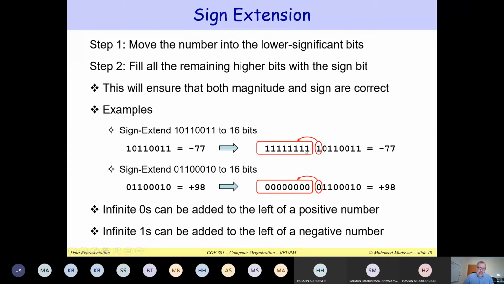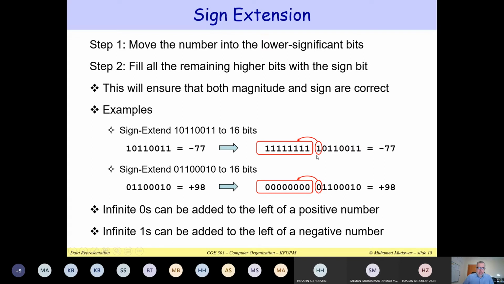If the sign bit is 1, you extend it with ones. Now, sign extension does not change the value of a signed integer. If it is in 8 bits, it is negative 77. And when you do sign extension and extend it to 16 bits, it is still negative 77. So the decimal value of the signed integer does not change if you do sign extension.